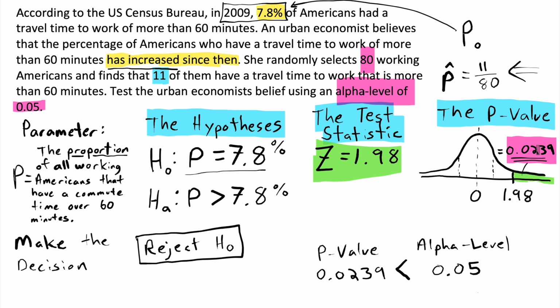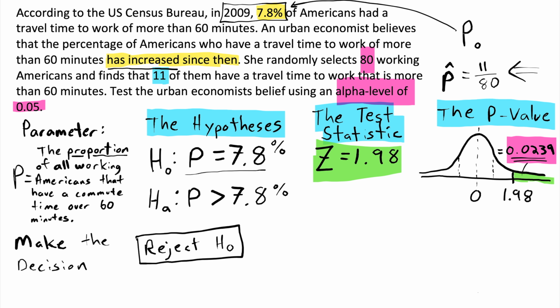So the smaller this is, the more evidence we have that the null isn't actually true. And so when the p-value is small enough, then we end up saying our results were so unlikely that we think what is probably the case is that the null hypothesis is not actually true. So the decision is to reject the null hypothesis for this problem.